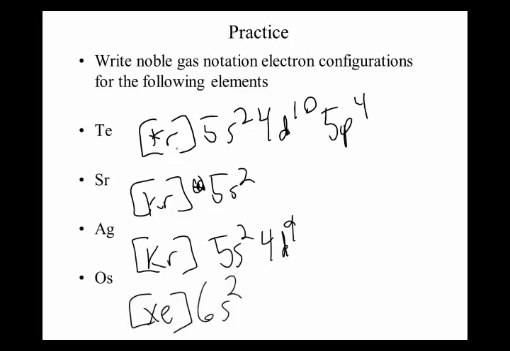Then we have to go through that block at the bottom. We have to go through the inner transition elements. We have to go through 4f14, right? Because remember, there are 7 orbitals in an F subshell. Then I can go through 5d, 1, 2, 3, 4, 5, 6.